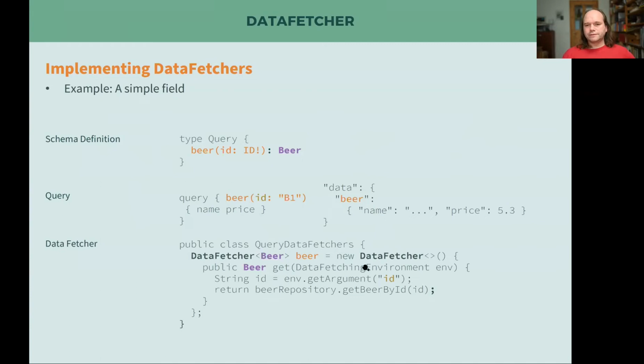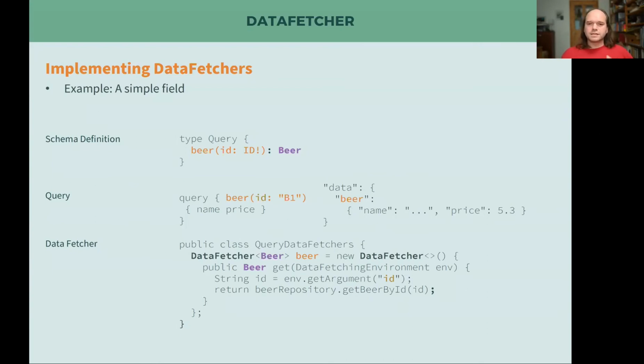We have this data fetching environment parameter that we can use to receive information about our query. And among others, we can receive the arguments that are provided in this query. So we can say env.getArgument ID. And then having this ID, we can do whatever we want to read this information that we want to send back to the client.